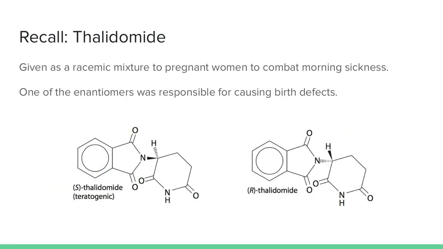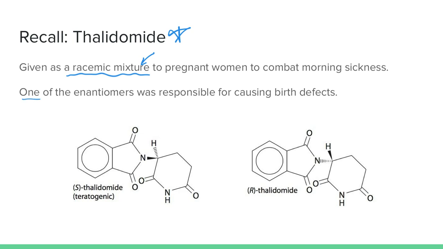Thalidomide, if you recall, is a morning sickness drug that was given to pregnant women. It was given as a racemic mixture, which means it had both forms of the enantiomer in the mixture in equal amounts.